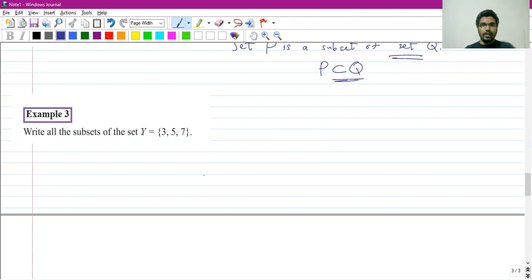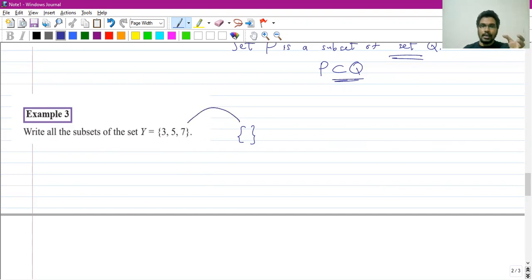So we can write subsets of this one as, so definitely you can take the null set. Definitely you can take the null set because this null set is included in this one. So how can you say null set means there are no any elements.